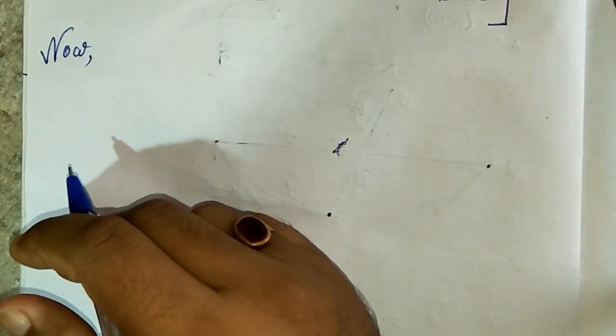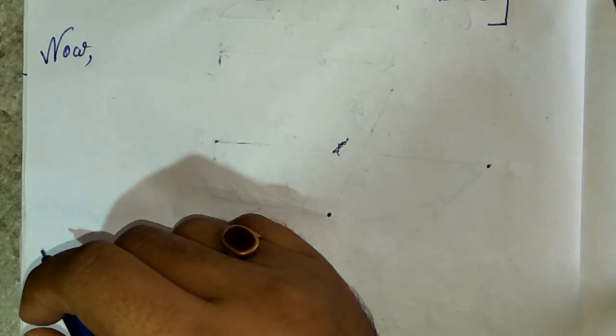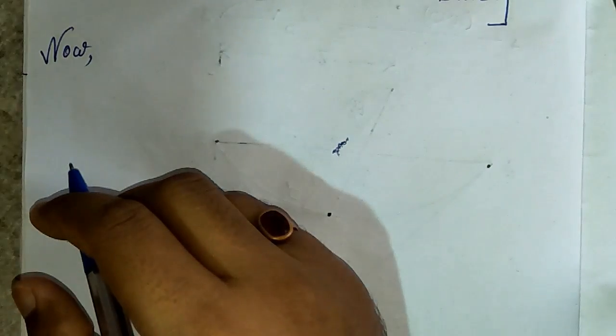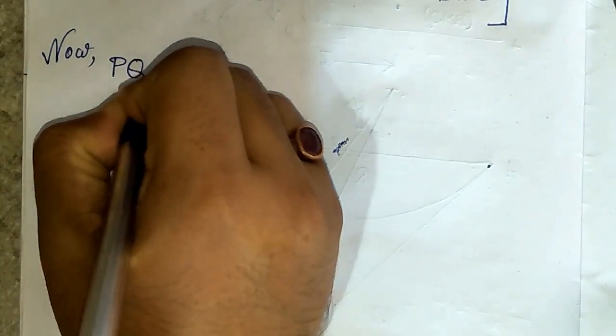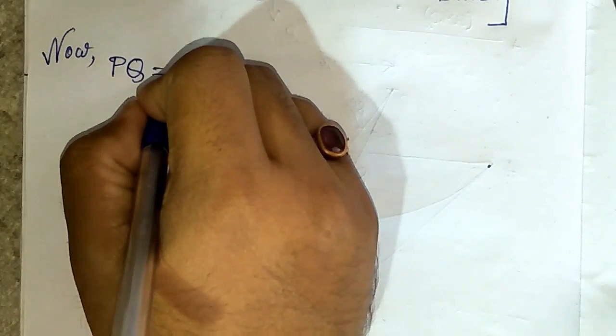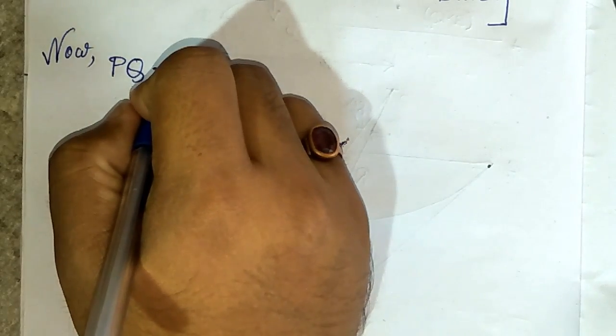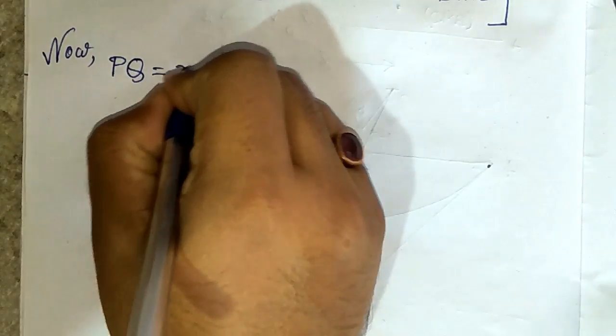Now to find the value of deflection: previously we found the slope, that is theta. To find the deflection, that is PQ, we can write PQ equals x into del theta.